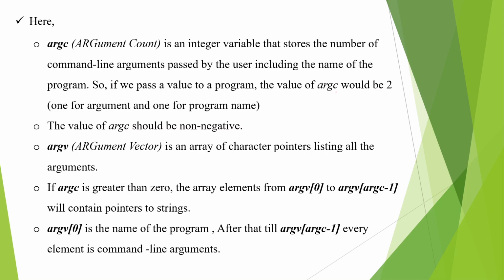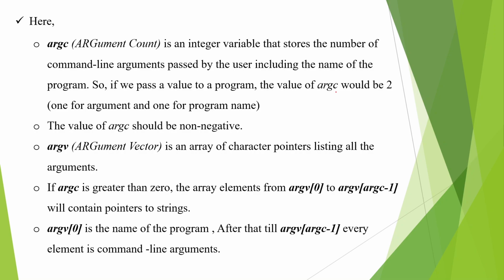As I already said, argc is the argument count. It is an integer variable that stores the number of command line arguments passed. The file name itself is going to be the first command line argument, and whatever arguments we give come after the file name.